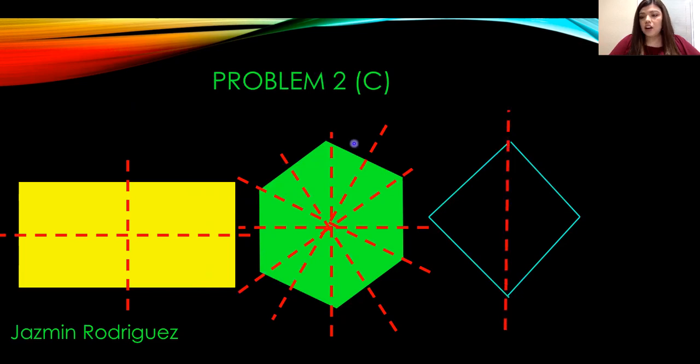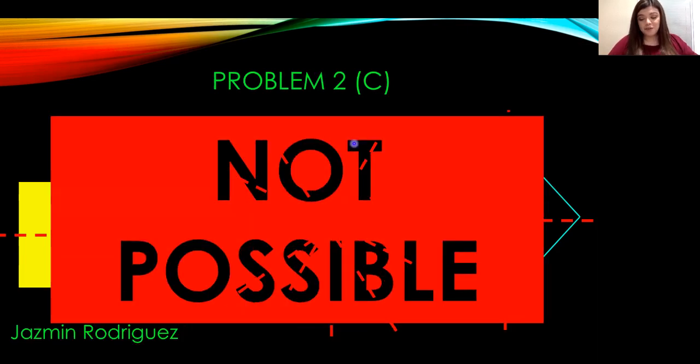And let's look at our rhombus or diamond. Oh, it has a line of symmetry and rotational symmetry, but it actually has two lines of symmetry. So once again, our problem needed it to have just one line of symmetry and rotational symmetry. And although all of these do have one line, they actually have more. Therefore, this is not possible.